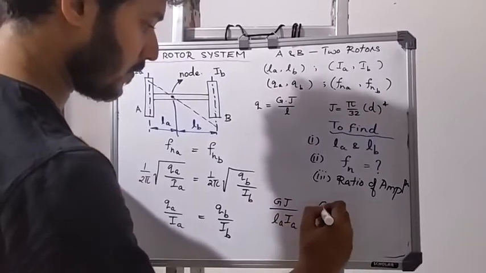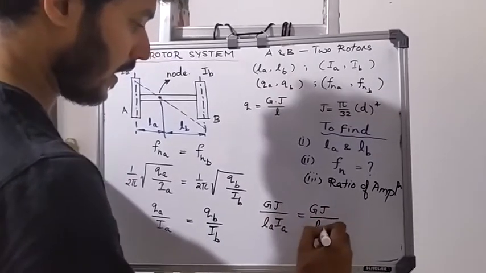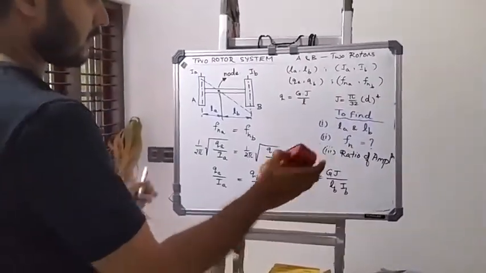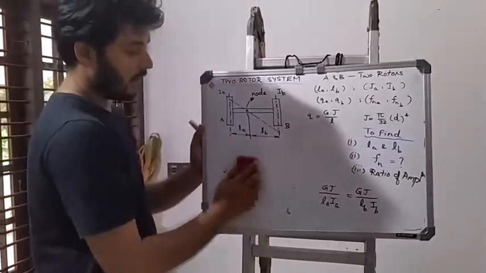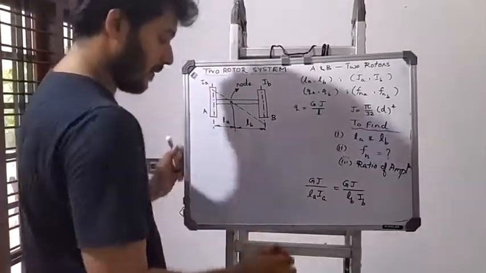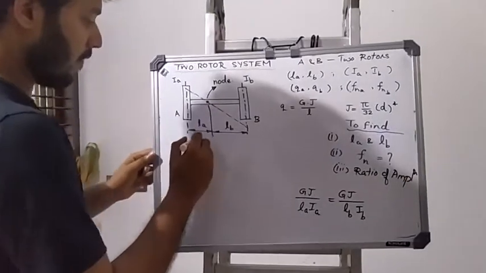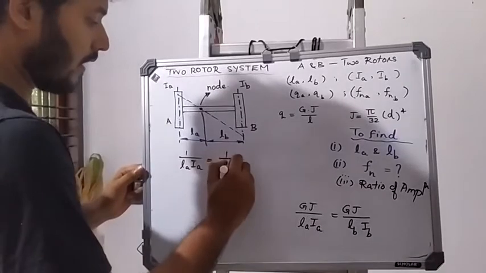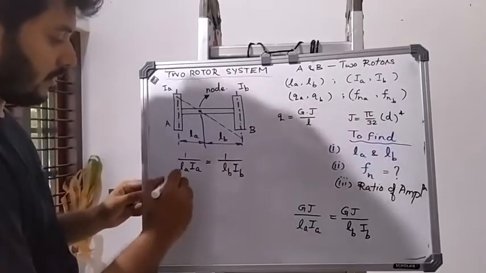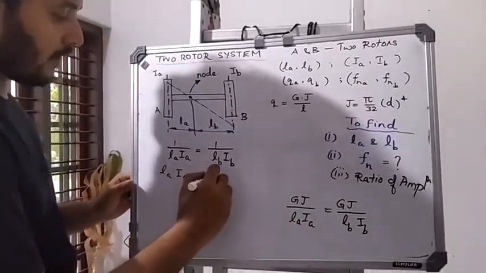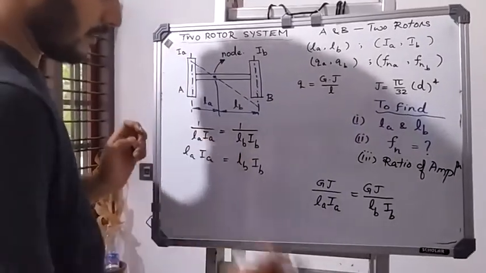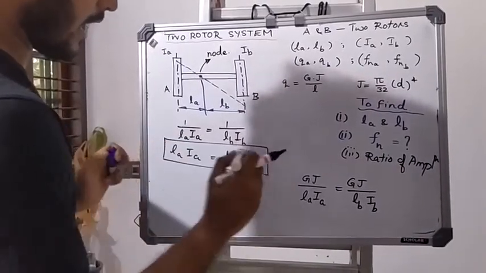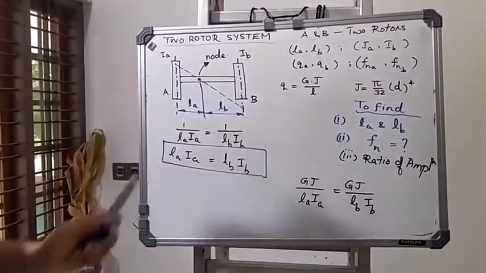The common terms can be cancelled out, and the remaining will be 1 by LAIA equal to 1 by LBIB. That means LAIA should be equal to LBIB. This is our first equation to calculate length LA and length LB.